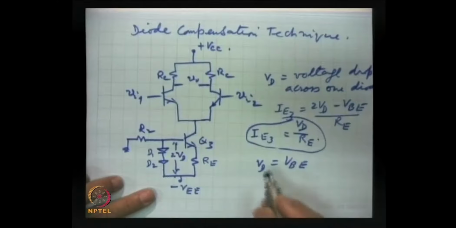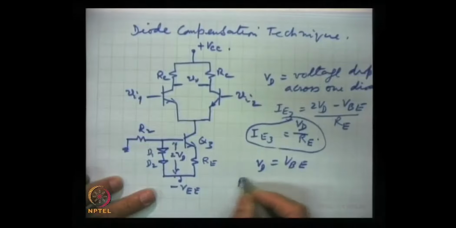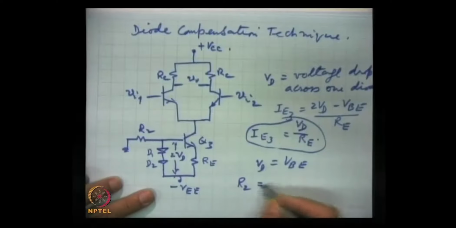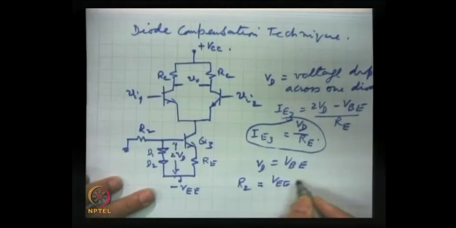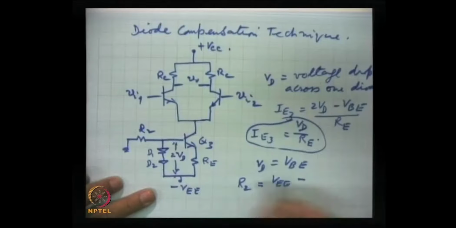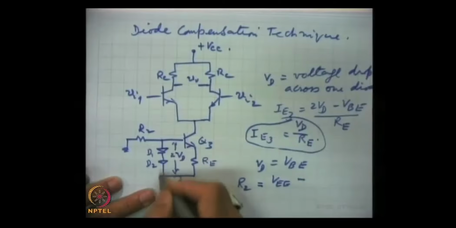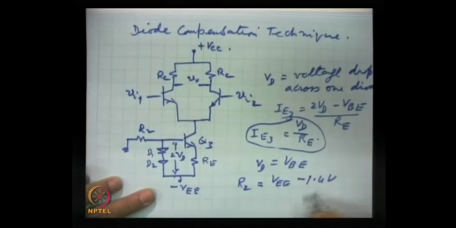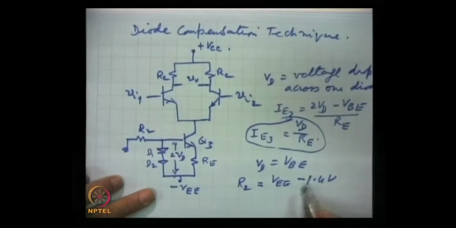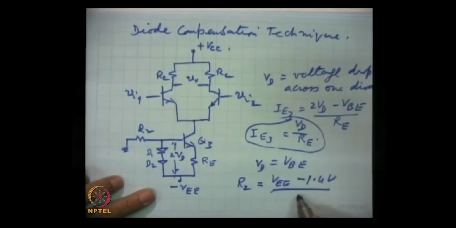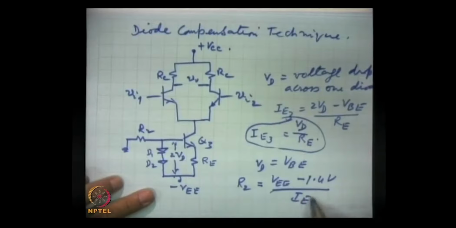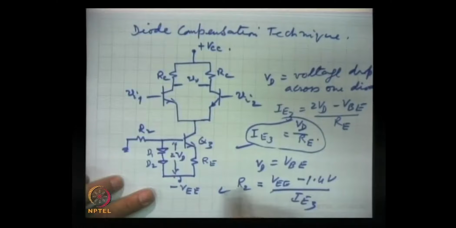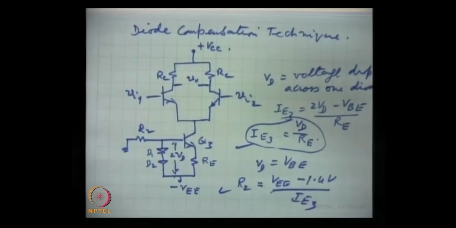And further it can be shown how to choose the value of R2 for this. R2 is V_EE minus the voltage, which is normally 1.4 volts, by IE3. This resistance can be calculated, and normally comes in the range of 100 to 200 ohms.